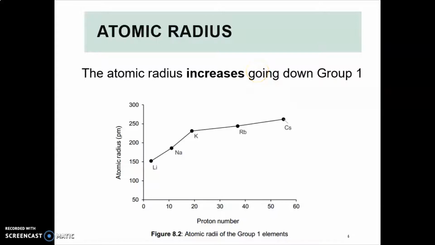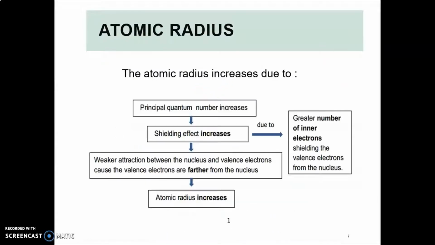The atomic radius increases when going down a group from lithium to cesium due to the increase of the principal quantum number. Therefore, the shielding effect also increases, due to the greater number of inner electrons shielding the valence electron from the nucleus.